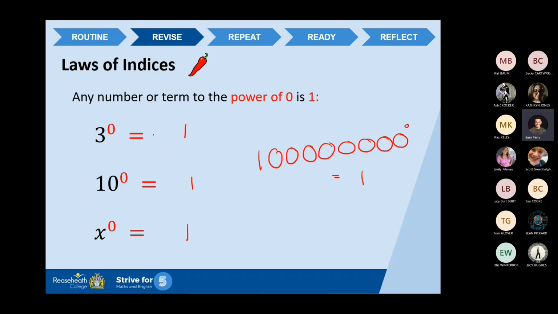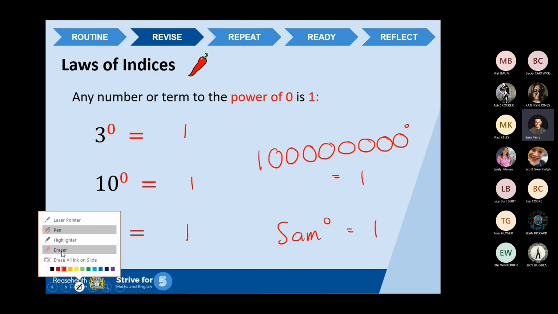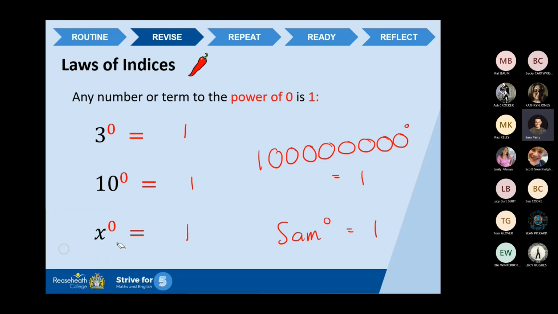Okay, so it doesn't matter what it is. You could have Sam to the power of 0. The answer is 1. Anything to the power of 0 will give you 1. Okay. Hopefully in your exam you never get asked what is Sam to the power of 0, because that makes no sense. But yeah, any number or term to the power of 0 will give you 1.